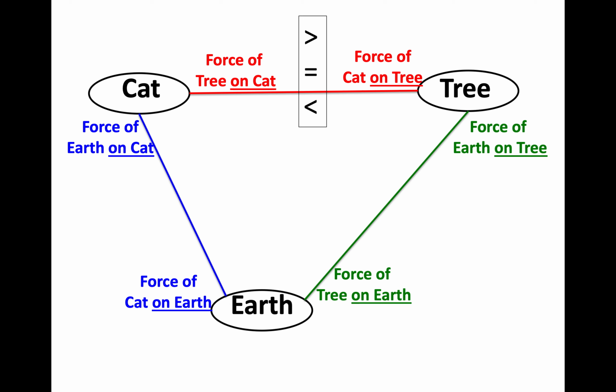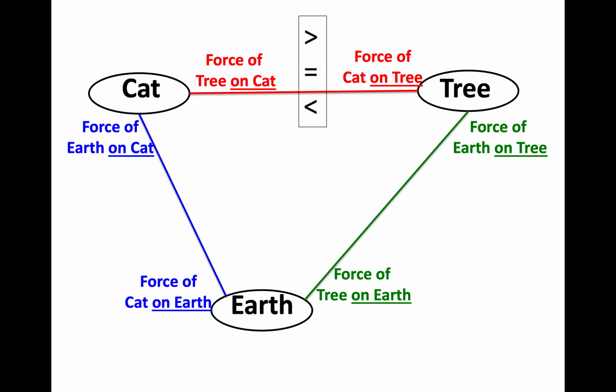What we want to look at in this experiment, though, is not comparing different forces on one object, not comparing these 2 forces with each other, but comparing the forces that arise from a single interaction. So we want to compare how the force of the tree on the cat compares to the force of the cat on the tree.